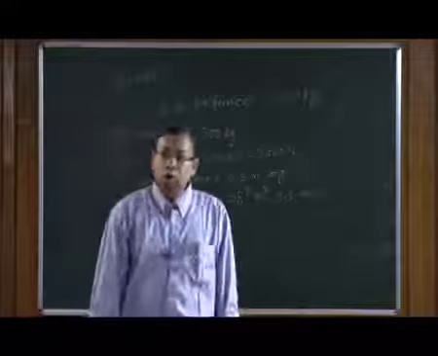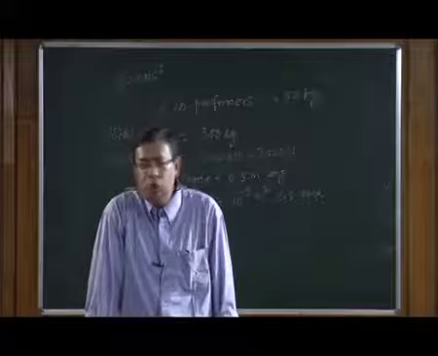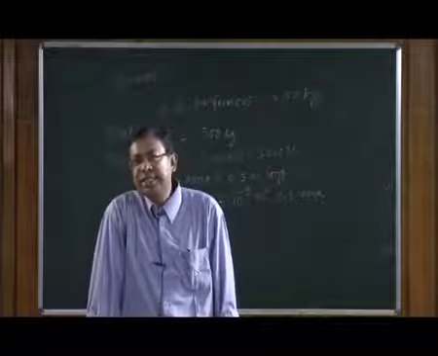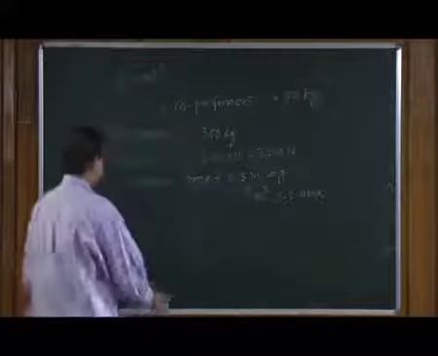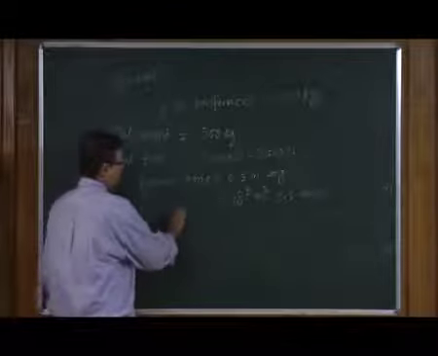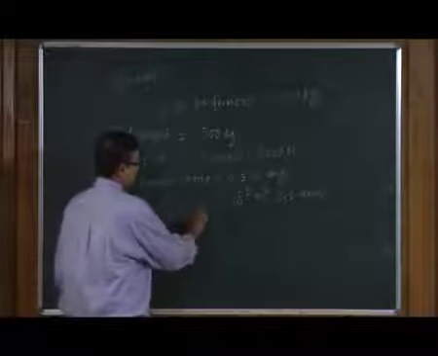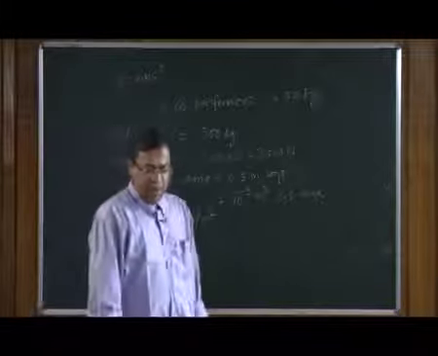We want to know how much compression in his femur bones would be caused by supporting 6 performers on top of him. Consider the Young's modulus of the bone to be approximately 10 to the power 10 Newton per meter square.